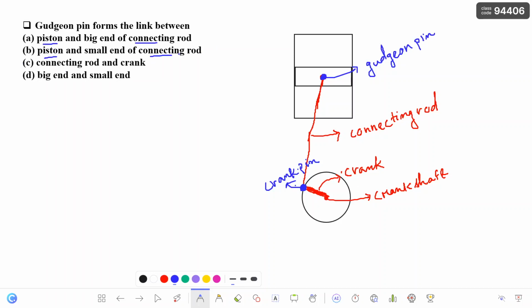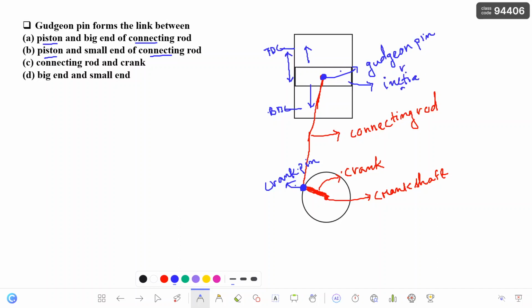Just based on your common sense, think. When a piston does a reciprocating motion from the BDC to the TDC, what do we want actually? We want the piston to move up and down as fast as possible. How is this possible? When the inertia, or the mass, is less.